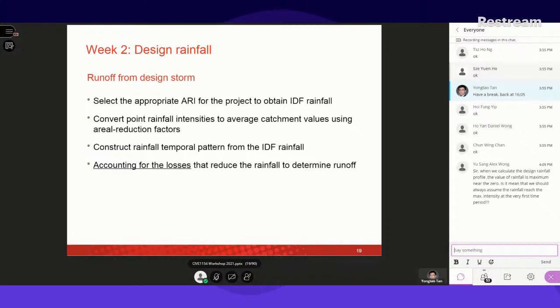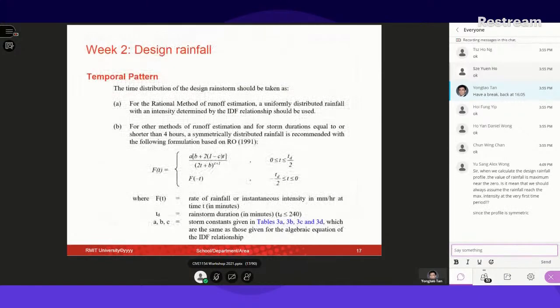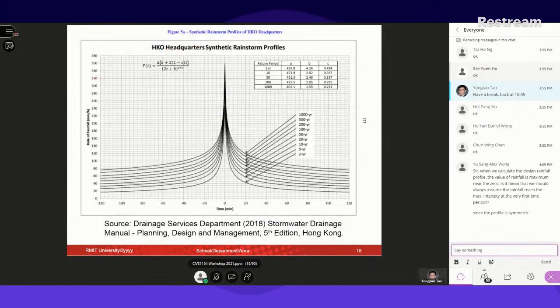Why is the rainfall maximum near 0? You mean this figure?